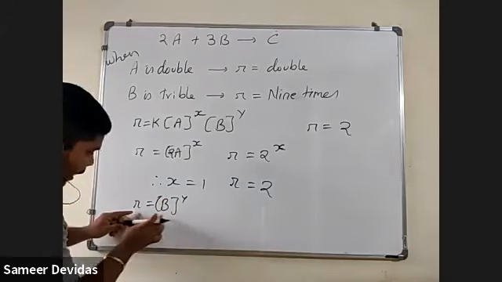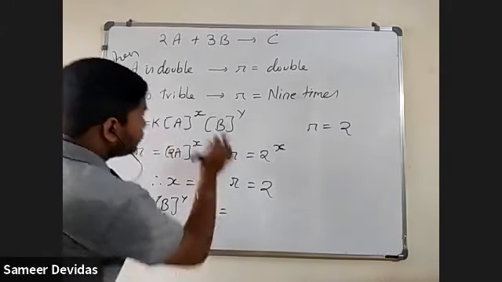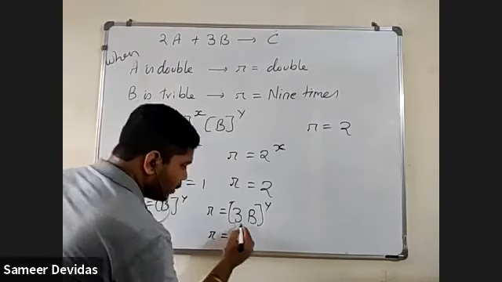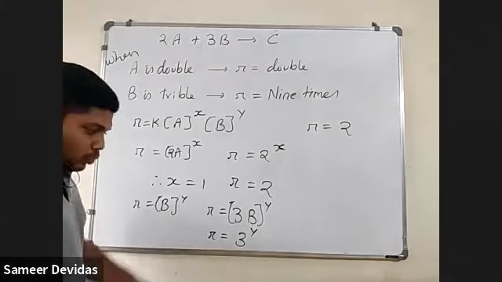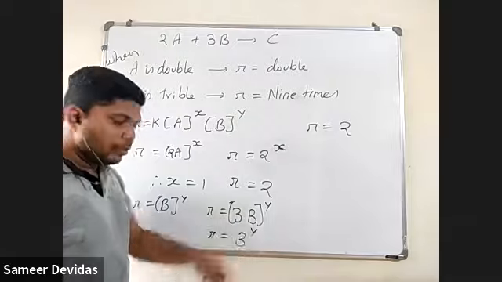So R is equal to B to the Y. How many times will B increase? 3 times, triple. So 3B raised to Y, R is equal to 3 raised to Y. To get R equal to 9, Y should be what? 2.